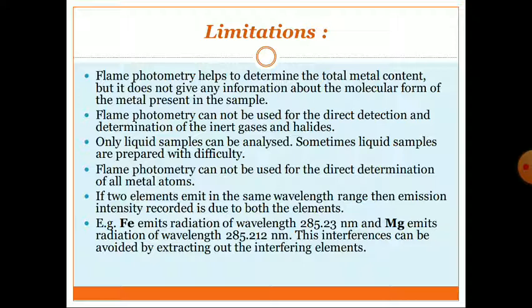At that time, very close wavelengths will be emitted. See the difference, 285.23 and 285.212. In that case, we have to extract out either iron or magnesium for getting good results from the flame photometer.